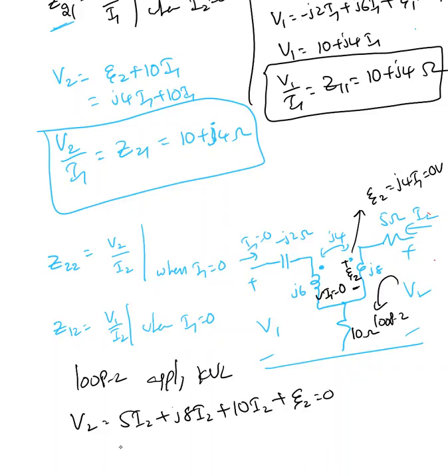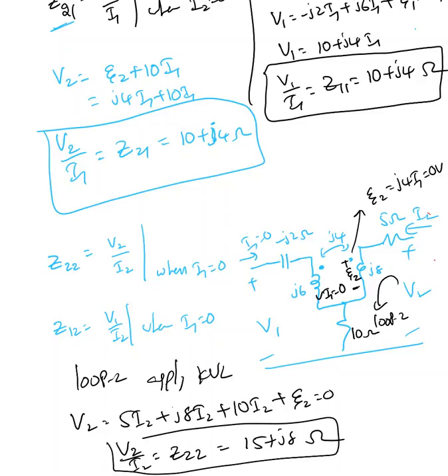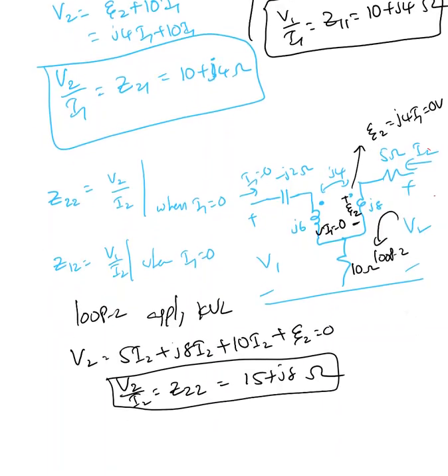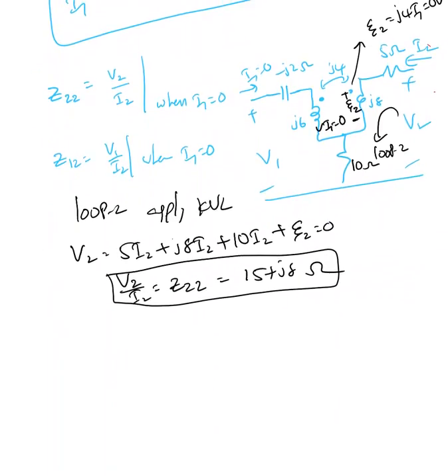So V2 over I2 equals Z22, which is 15 plus J8 ohm. That's the third parameter. Now it's easy for us to find Z12.